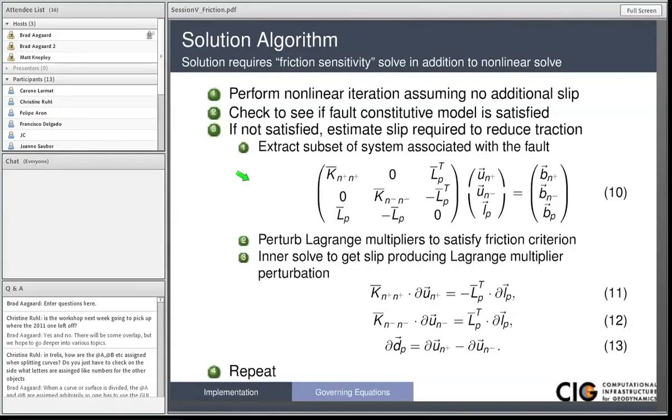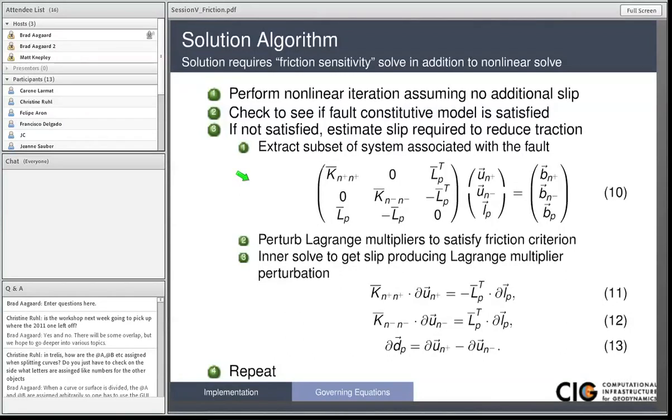And in our discussion of solvers, Matt mentioned things like variational constraint problems or variational inequalities, and that is future work for PyLith: to reformulate the constraints associated with the fault constitutive models in terms of variational inequalities, so that instead of having this friction sensitivity solve, it becomes part of the whole nonlinear solve, and we end up with much faster convergence.